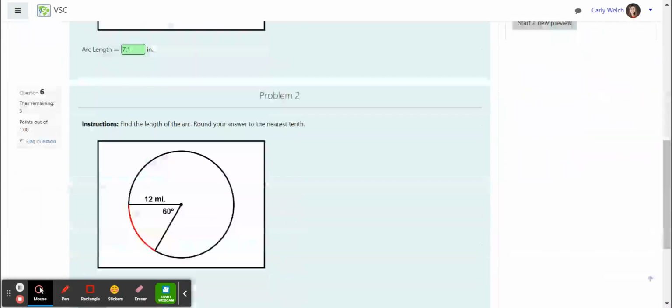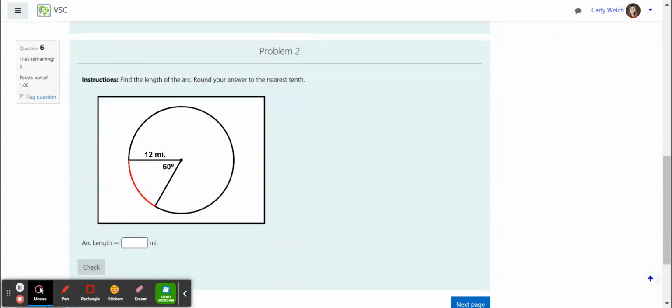All right, and then I can actually leave that formula up and just substitute these in. So my new angle is 60. 2 times pi times radius is 12. So 12.6. We'll round up to 12.6.